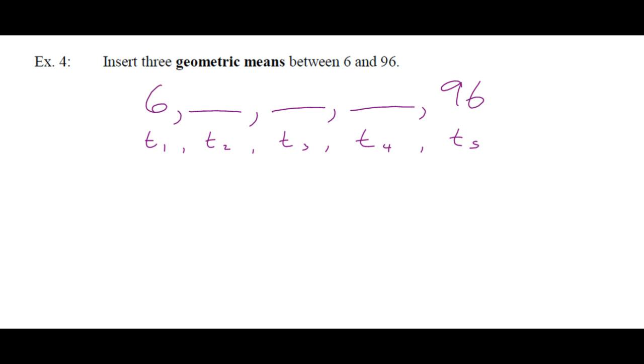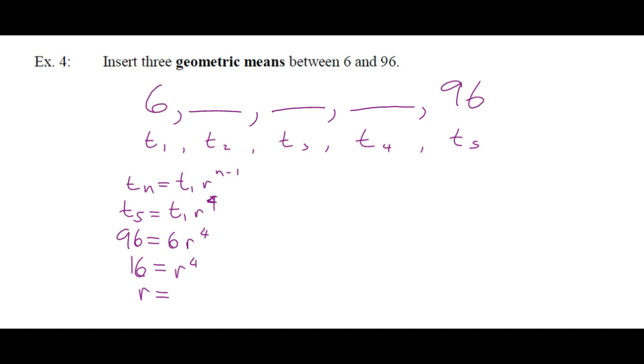This is T5. We know the general formula, T sub n is T1 R to the n minus 1. T5 is T1 R to the 5 minus 1, or R to the 4th. T5 is 96, so 96 is 6 R to the 4th. Divide by 6. 16 is R to the 4th.